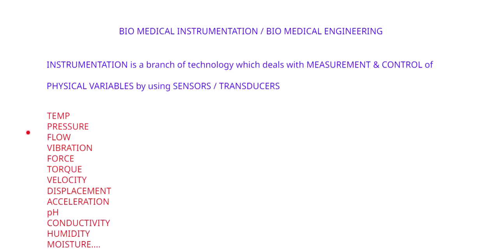These are also called industrial parameters. These are also called process parameters. So instrumentation is nothing but measuring and controlling of these process parameters or physical parameters.